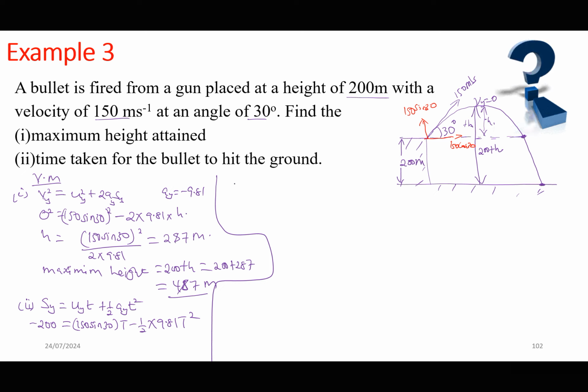So it becomes, when I take everything to the left-hand side, I'll have 9.81 t squared minus 150 times 2, 150 sine of 30 is, I think, 75 times 2. Everything is multiplied by 2, so it becomes minus 150 t. Then 200 by 2, it becomes minus 400. And this is equal to 0.